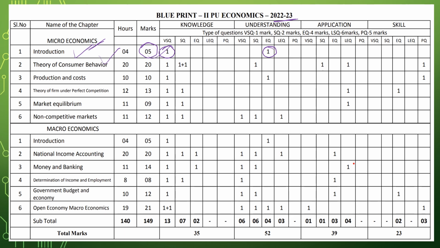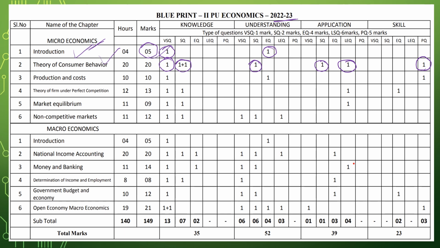Here they are going to ask one 1-mark question from knowledge and two 2-mark questions from knowledge base. Okay, and one 2-mark question from understanding, and again one more 2-mark question with respect to application, and one 6-mark question and one practical oriented question.